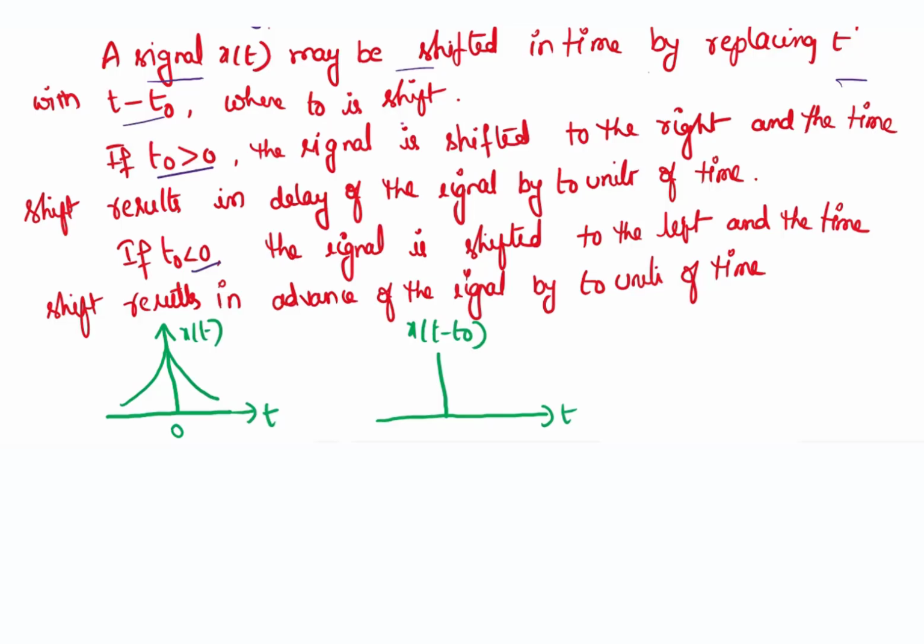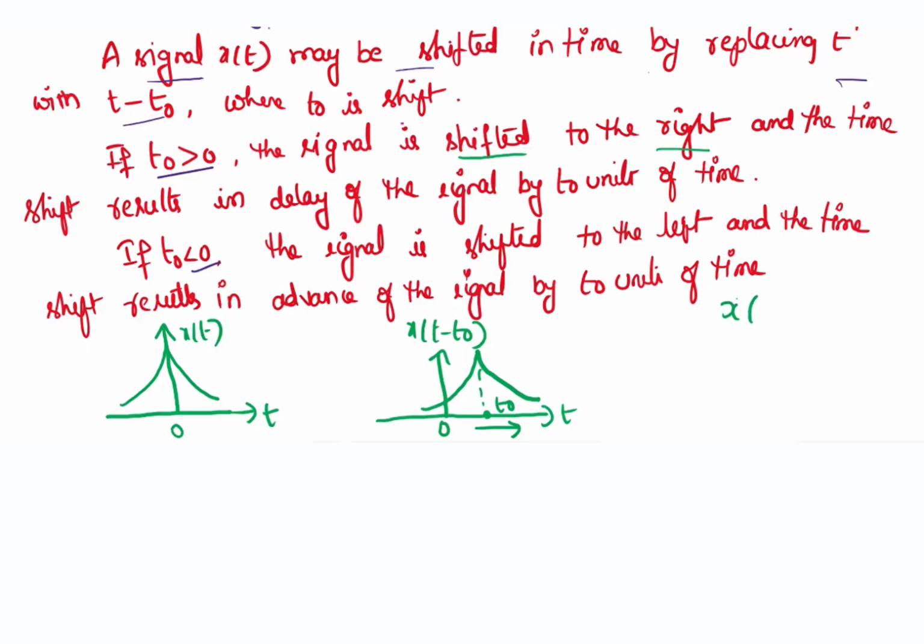What is the concept here? If t naught is greater than 0, the signal is shifted to the right. This side is the right side. See, the center of the signal is at 0 in x of t, but here the signal is like this. Here the center is at t naught.